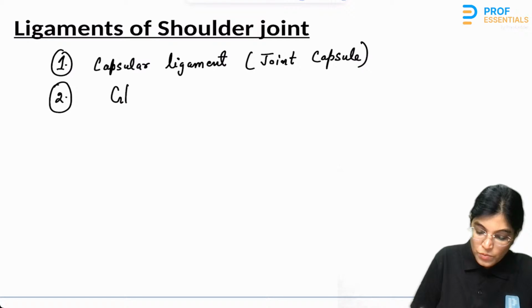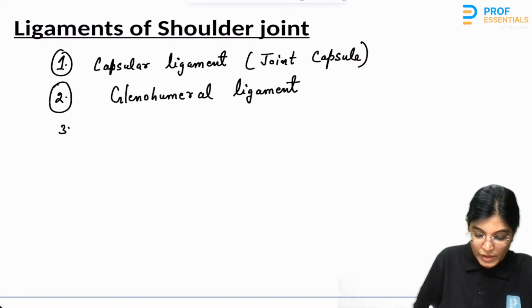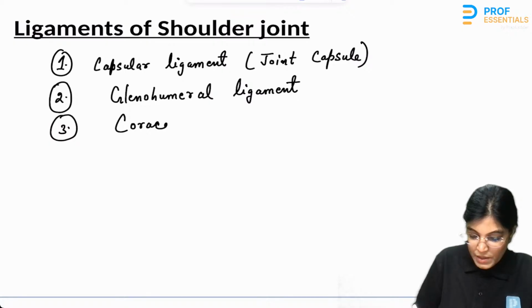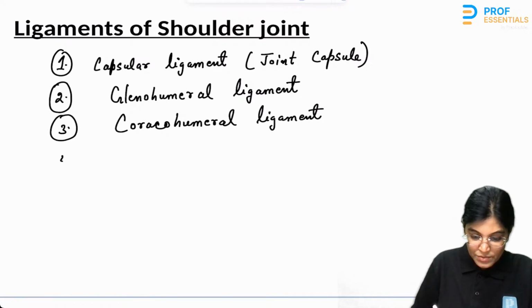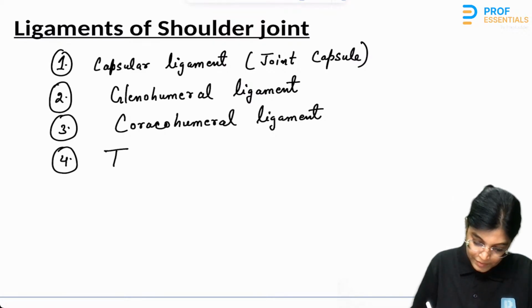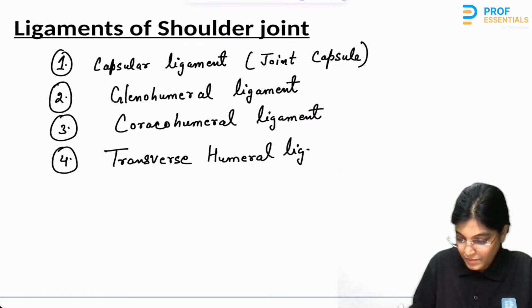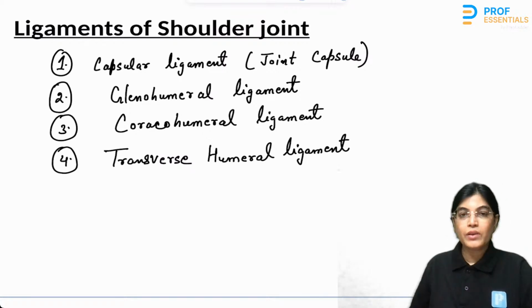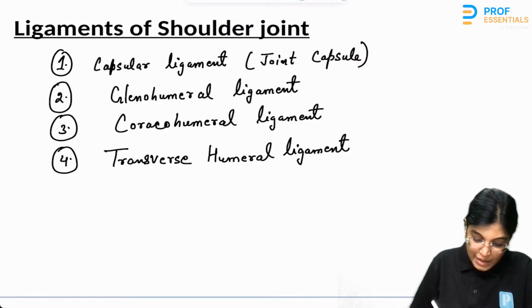We have the glenohumeral ligament, the coracohumeral ligament, and the transverse humeral ligament. So these are the 4 primary ligaments supporting the shoulder joint.